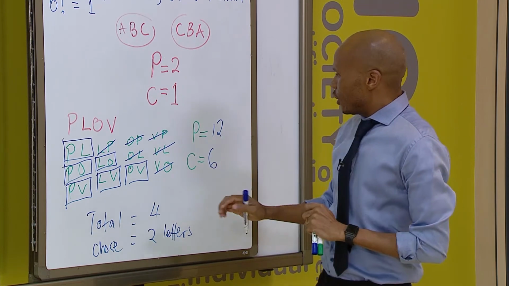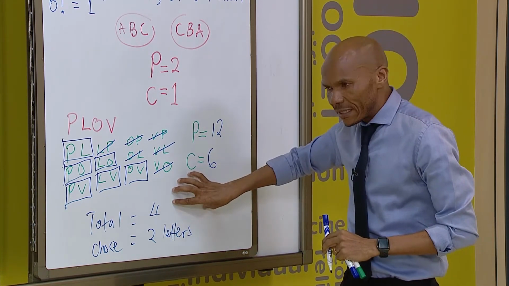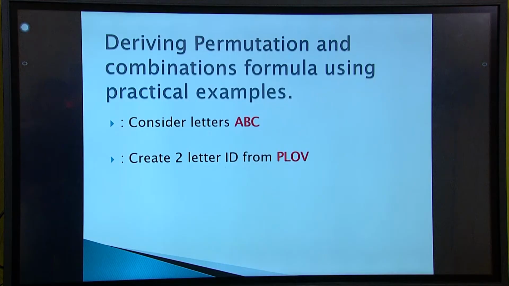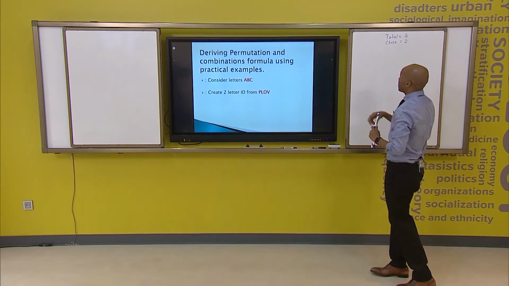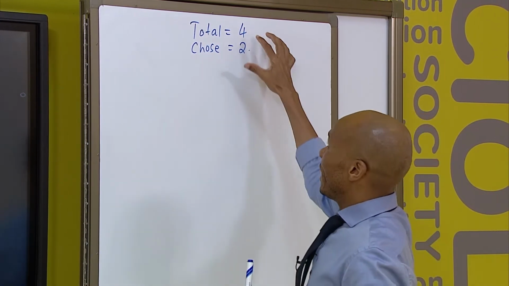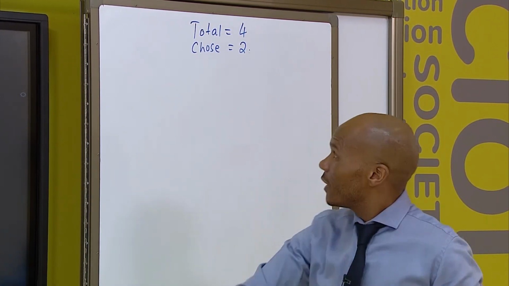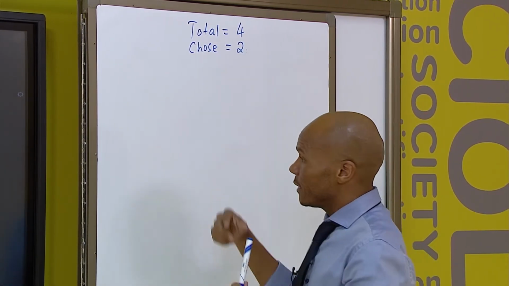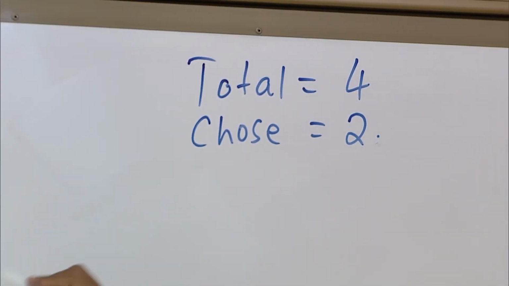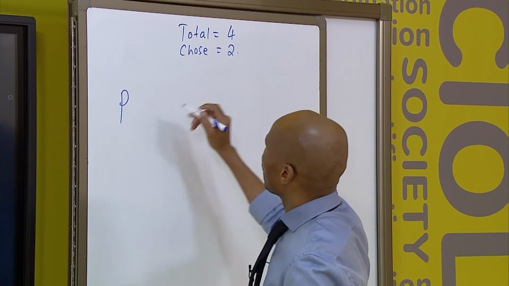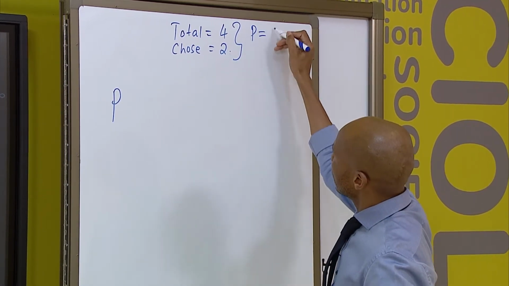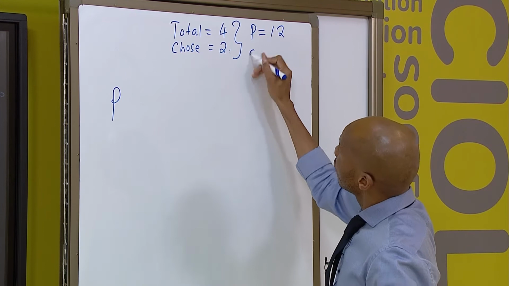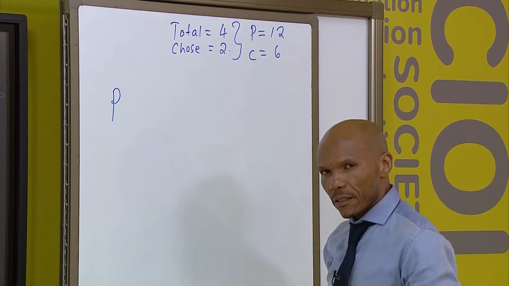Now, let's look at how we can derive the formula. All right. Remember, PLOV had 4 letters and we chose 2, right? And we know that our permutation here was 12, combination was 6, right?